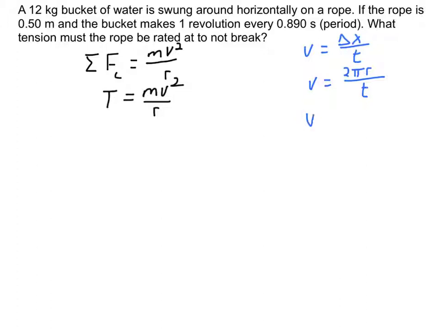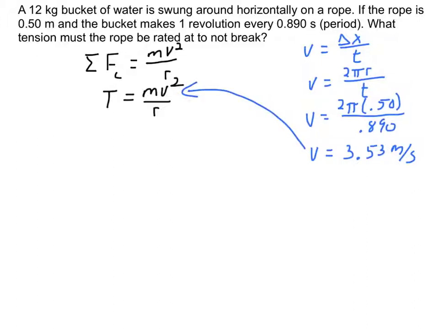So velocity here of this bucket is going to be 2 pi times my radius, 0.50, divided by the time it takes to go around once, which is the period, 0.890, which gives me a velocity of, whenever you shove that in a calculator, about 3.5298 meters per second.